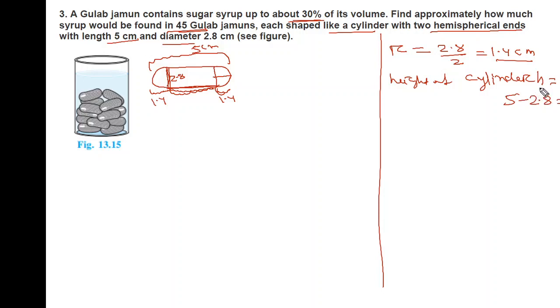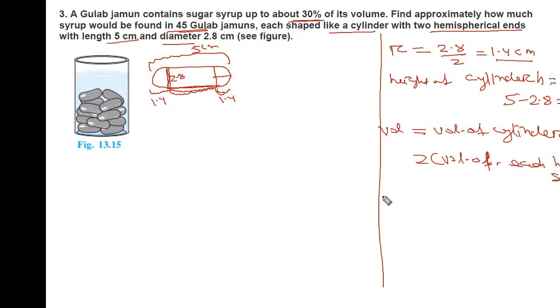Now what we have to find? We have to find the volume. Okay, total volume of the gulab jamun. So total volume will be equal to volume of the cylinder plus volume of the two hemispheres, 2 into volume of each hemisphere.